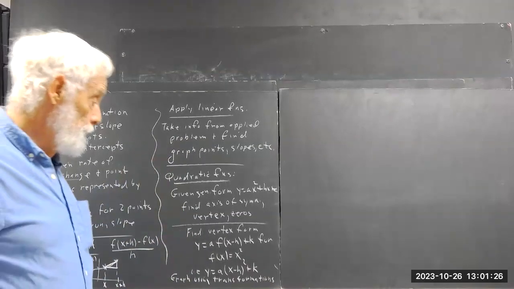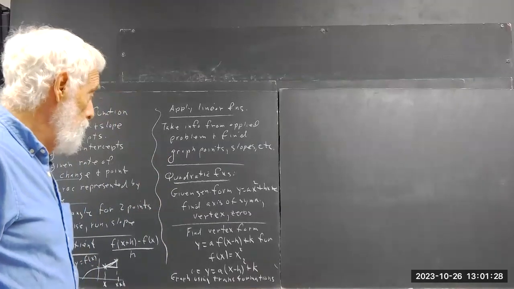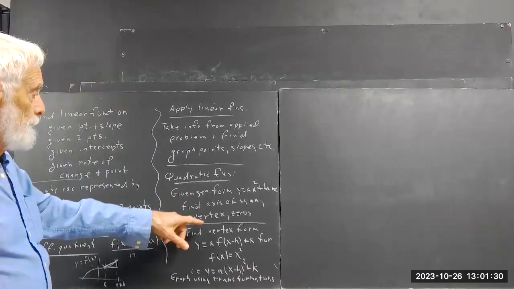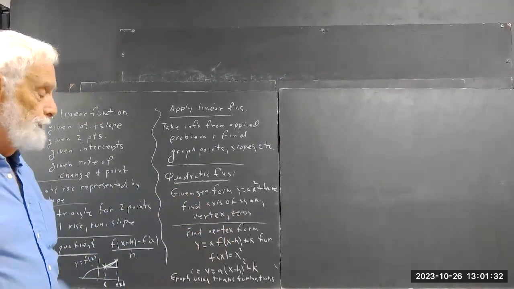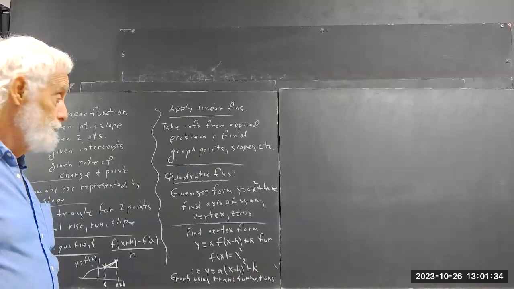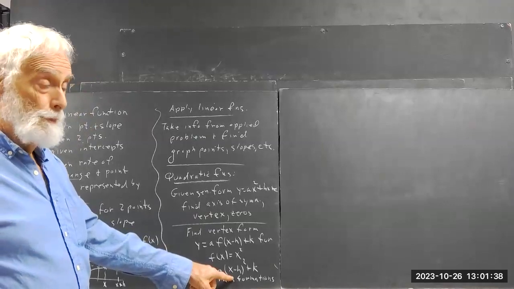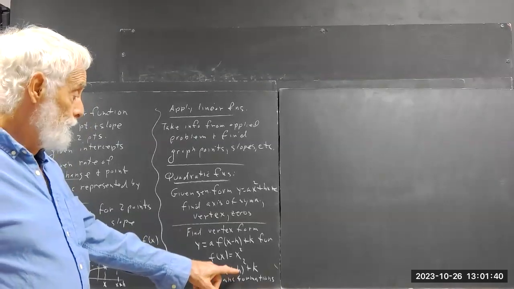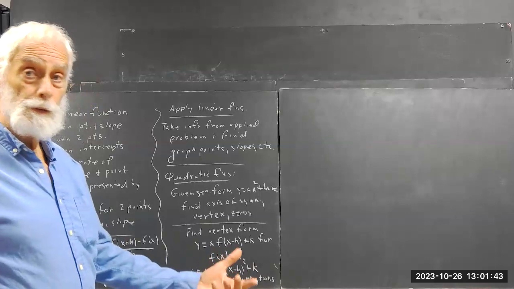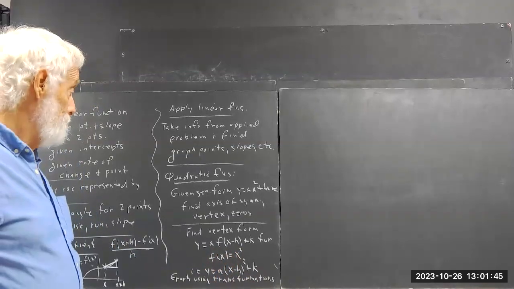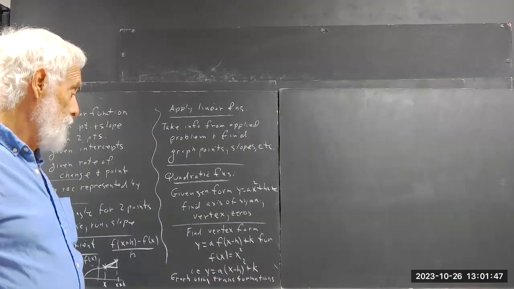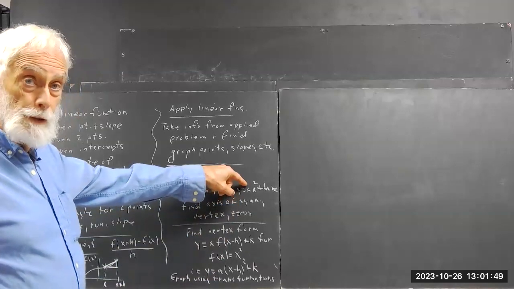And the red dot is your vertex. If you find the axis of symmetry, vertex, and zeros, then you know the vertex form, because h and k are the coordinates of the vertex. And A is just the same as the A here.